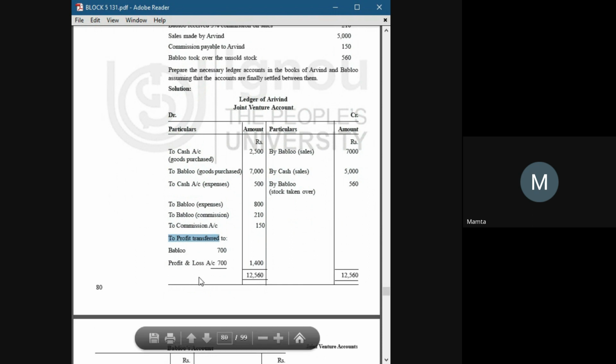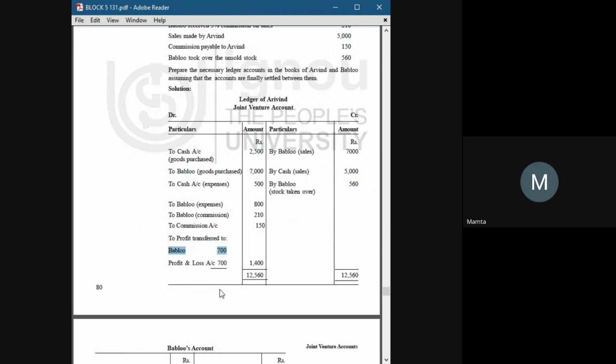These are in the books of Arvind. We just put it in the P&L account of Arvind. And this 700 rupees will be transferred to Bablu's account.